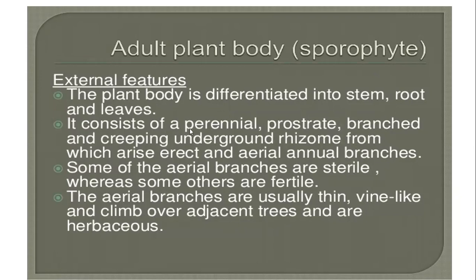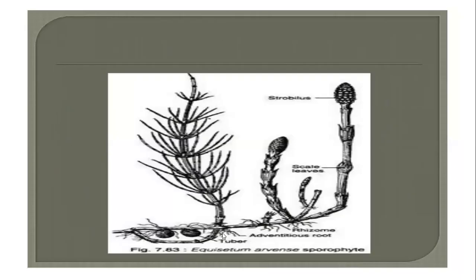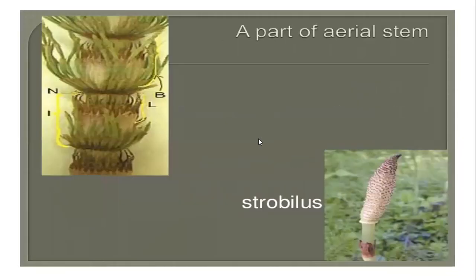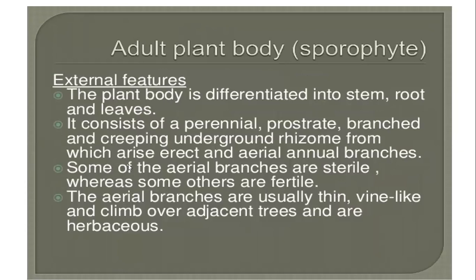Right. So the Equisetum consists of a perennial, prostrate, branched, and creeping underground rhizome, from which we can see the development of aerial branches. This is the rhizome part of the plant body, and these are the upright branches, which we call the aerial shoots.